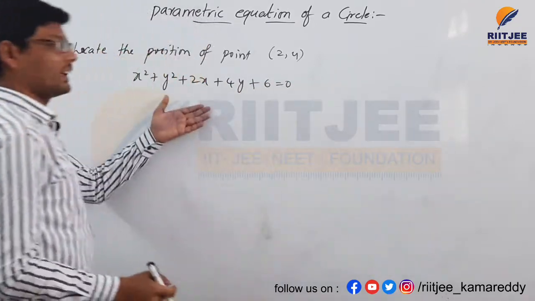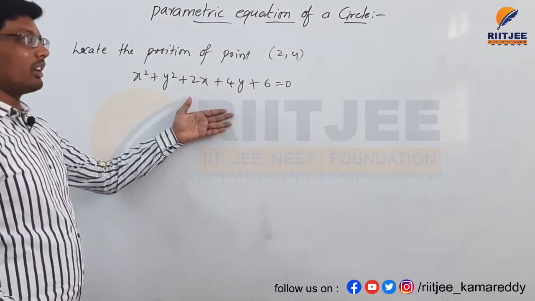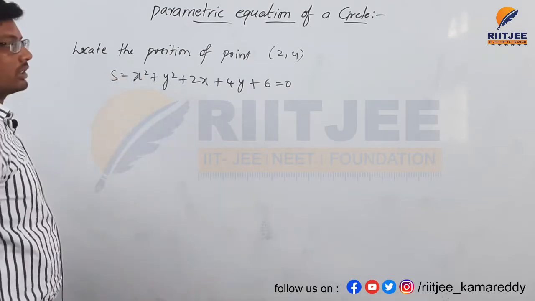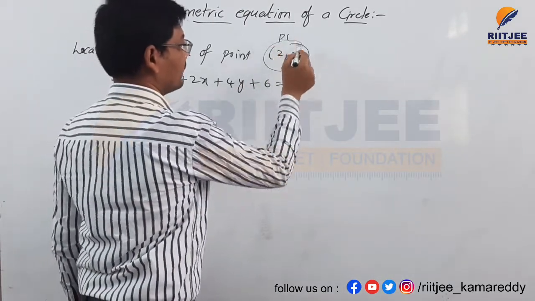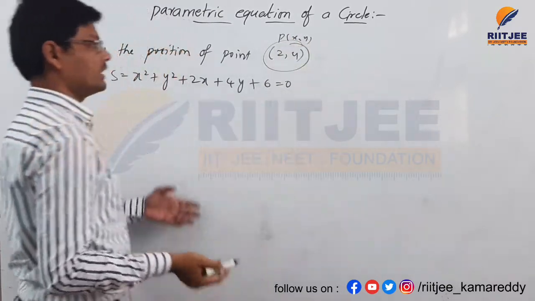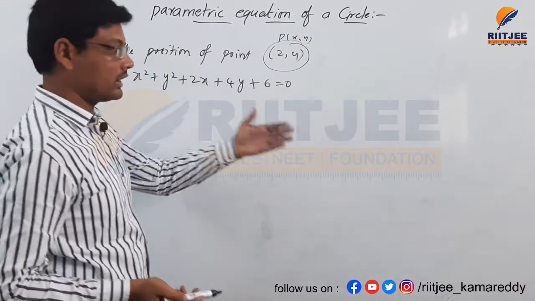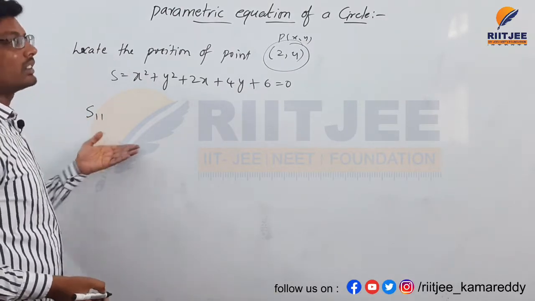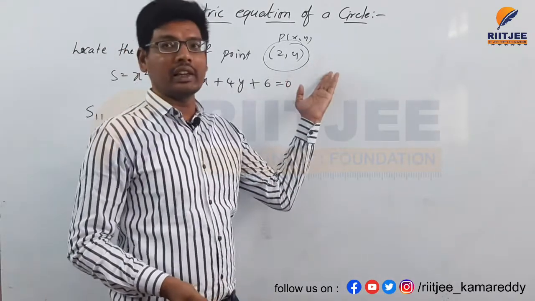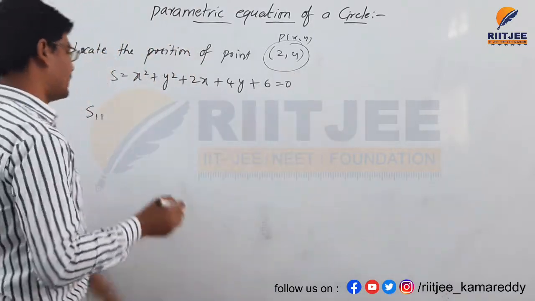I am taking one example circle equation, S = 0, and we need to find the position of this point P(x, y), whether inside or outside or on the circle. We need to find S11.